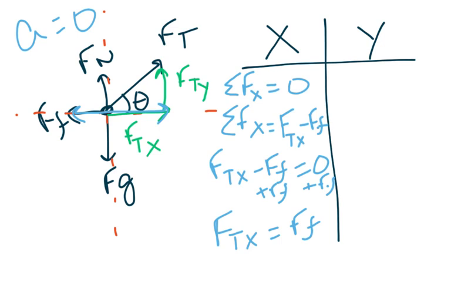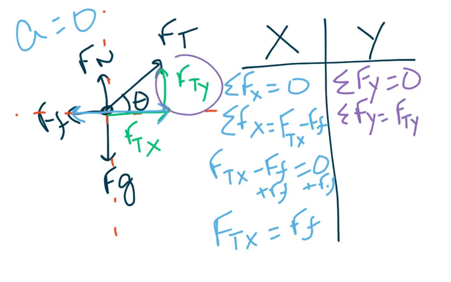I'm going to do the same thing for the vertical. Sum of the forces are equal to 0. The sled's not floating up off the ground or falling down through it. It's also equal to that vertical component right here, plus the normal force, because it's everything on or parallel to the y-axis, minus everything going down, which is the gravitational force.